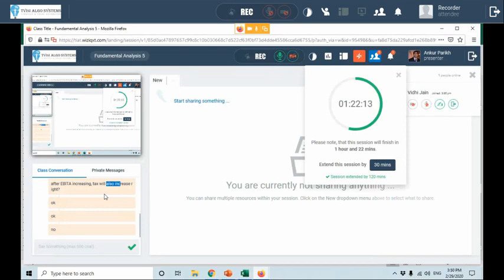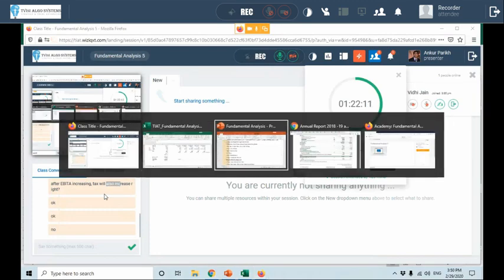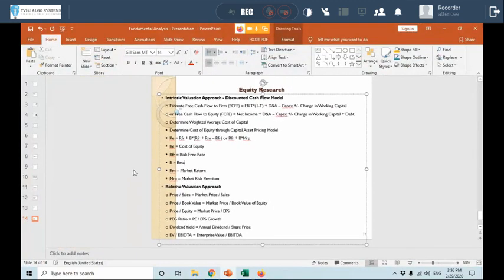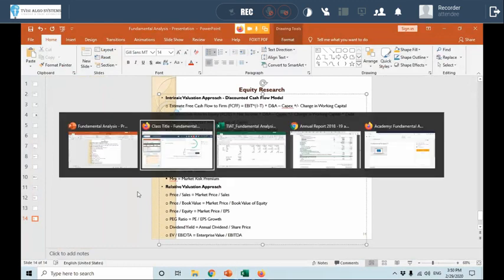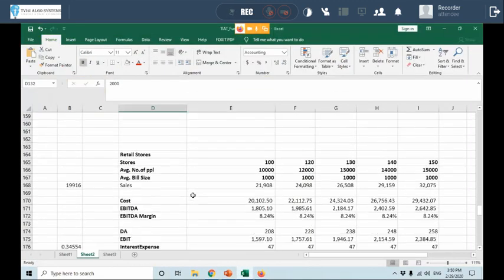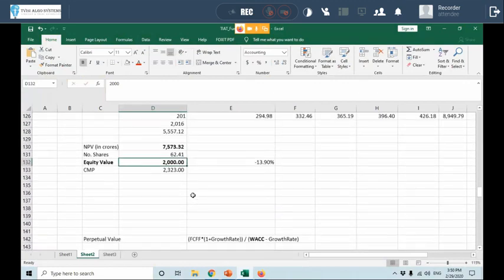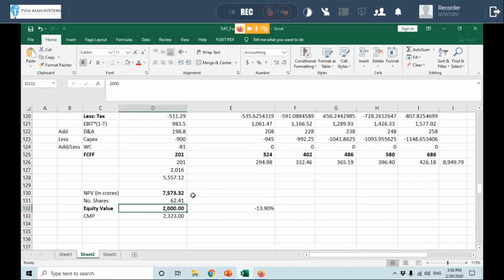In valuation techniques, there are two types of valuation method: one is relative valuation, the other is intrinsic value. In relative valuation, for example, right now EV by EBITDA for DMart was 54. I say 54 is way too high, I will wait for 40.